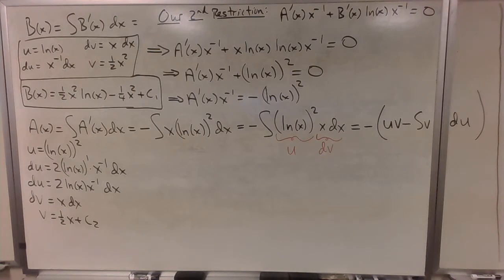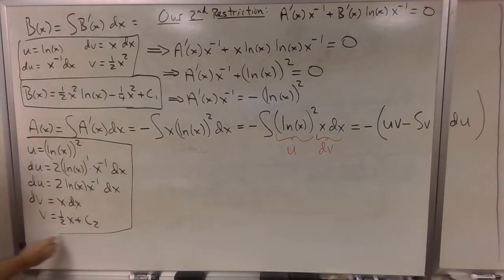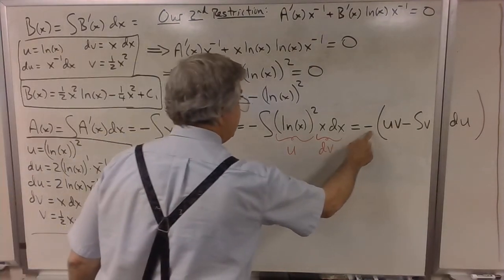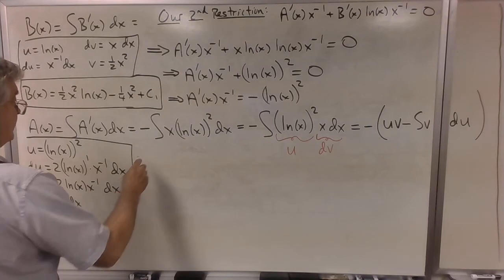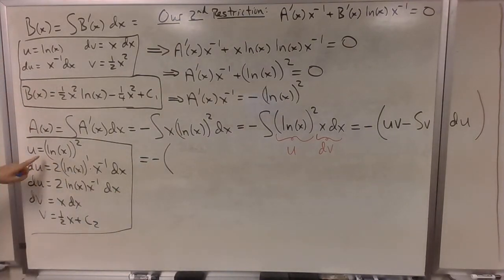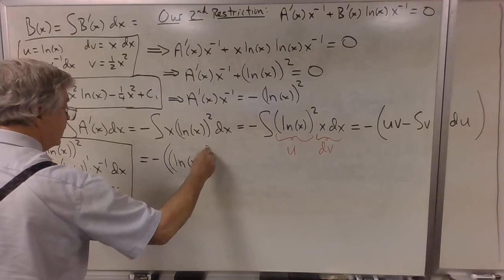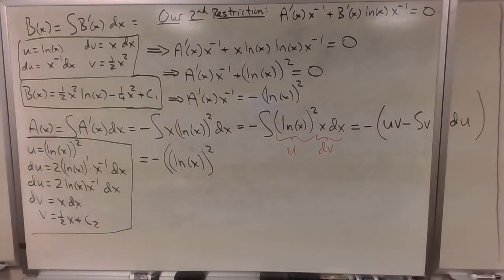Okay. So I have negative quantity uv, so that's natural log of x quantity squared, and v is 1/2 x squared plus c2.